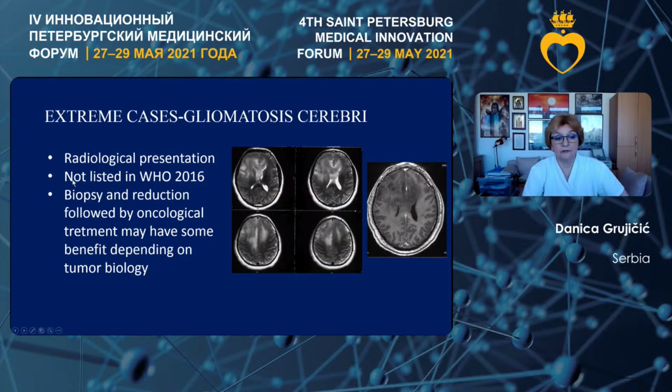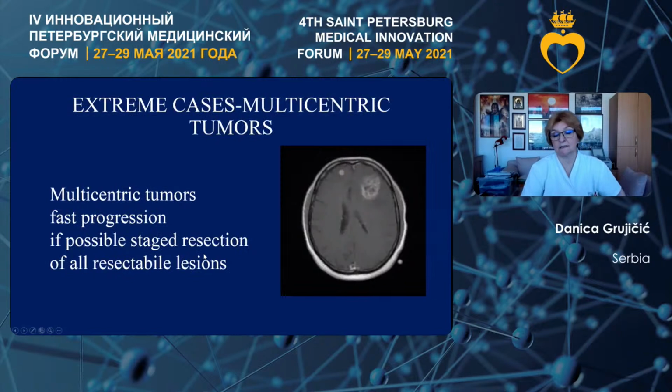We call it gliomatosis cerebri. According to the WHO classification from the year 2016, gliomatosis does not exist, but it does. Thus, what we do is just biopsy, and radio and chemotherapy is added to assist.